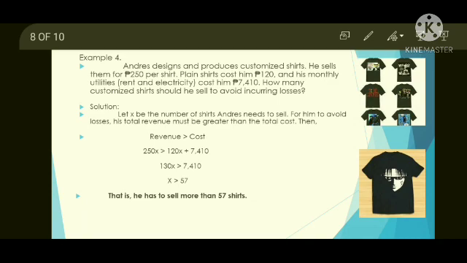It is stated in our problem that the plain shirts cost him 120 pesos, so we need to multiply that amount also by the number of shirts Andres needs to sell.